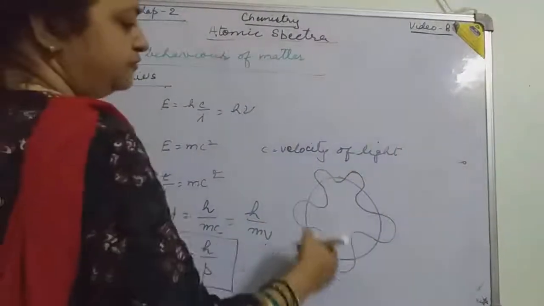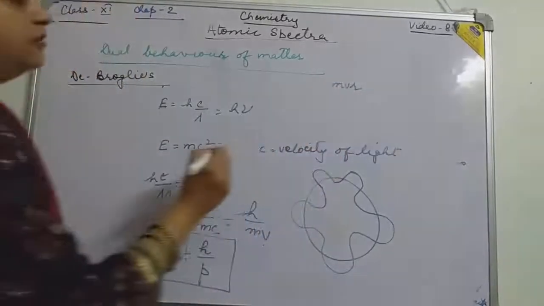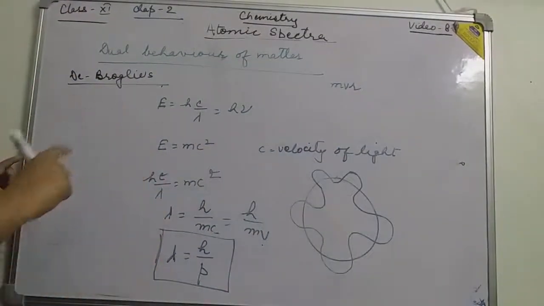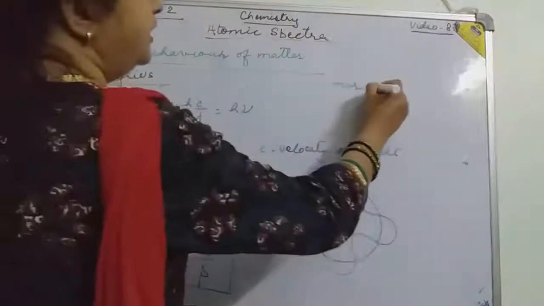Means it moves in a path that is mvr, and we know that mvr is equal to nh by 2 pi.